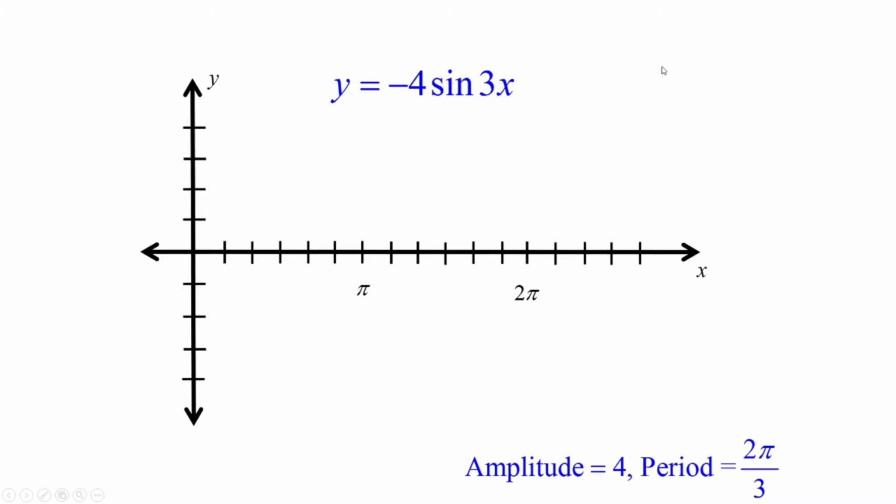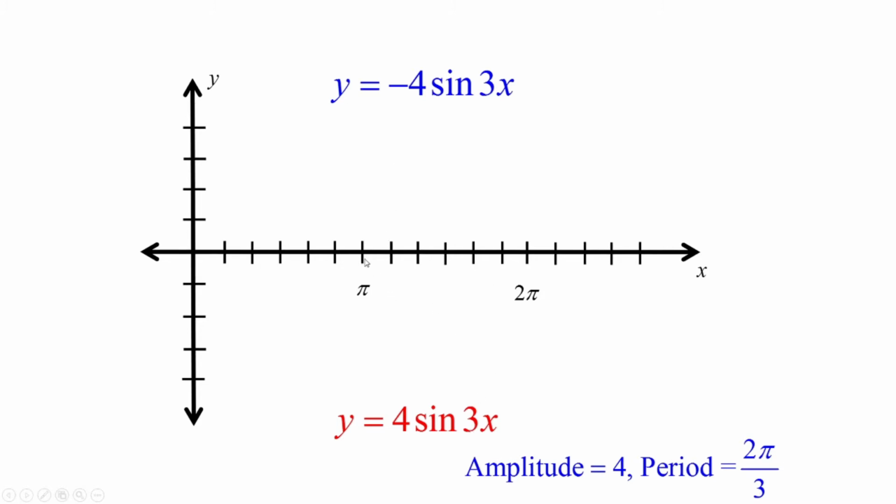Now, let's think about this. What I'm going to do first is visualize y equals 4 sine of 3x, and then we'll deal with reflection last. The period is now going to be 2 pi divided by 3.